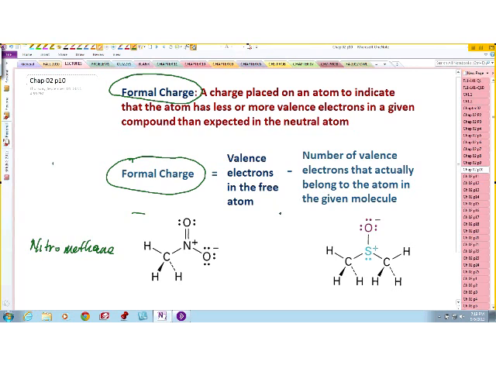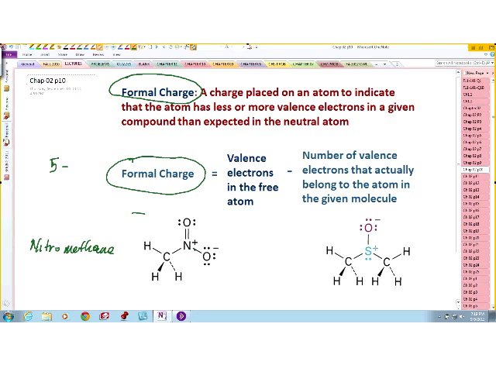And so we say the formal charge is the number of valence electrons in its natural state. You say it is 5, right? So in this case we have 5. And minus the number of valence electrons that actually belong to the atom in the given molecule. If you take a look at this molecule here, how many valence electrons actually belong to it?